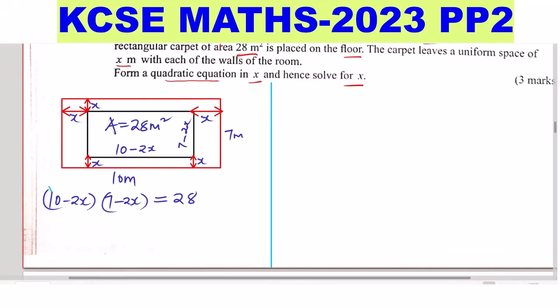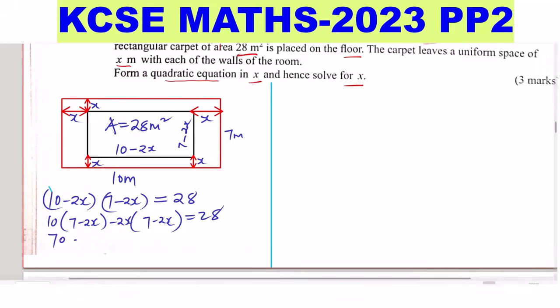So expand the left hand side of the equation. This will be 10(7 minus 2x) minus 2x(7 minus 2x) is equal to 28. This will give 70 minus 20x minus 14x plus 4x squared. Then you can bring 28 to the left hand side.